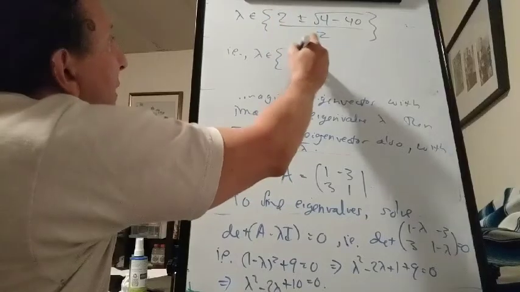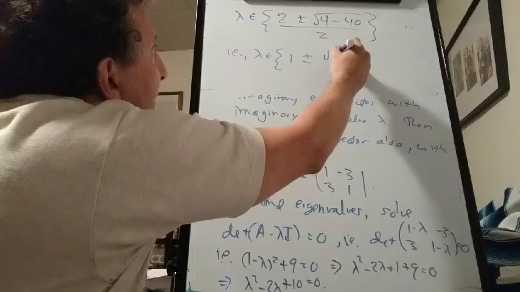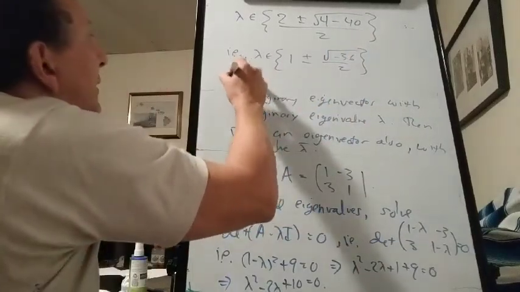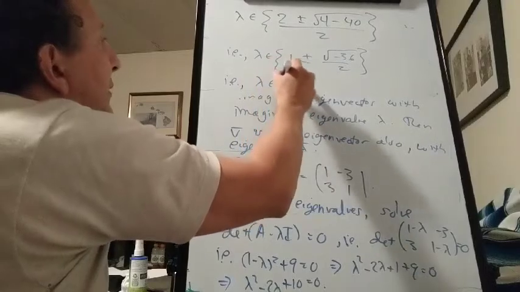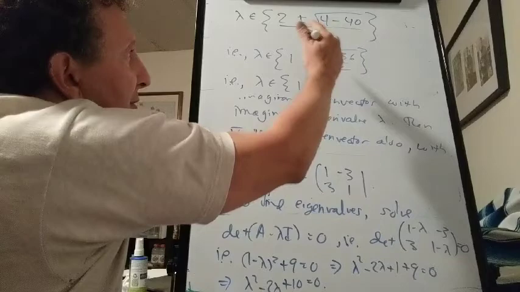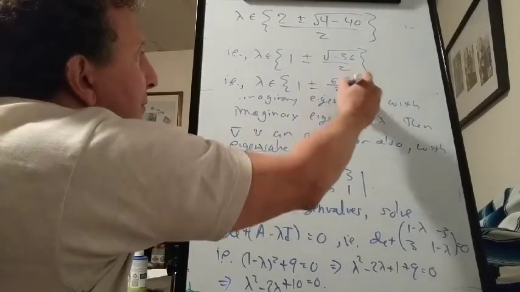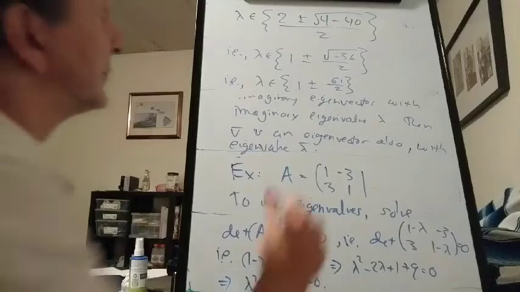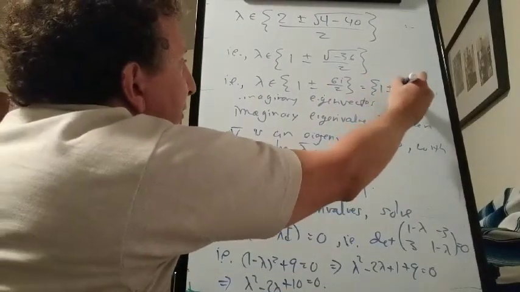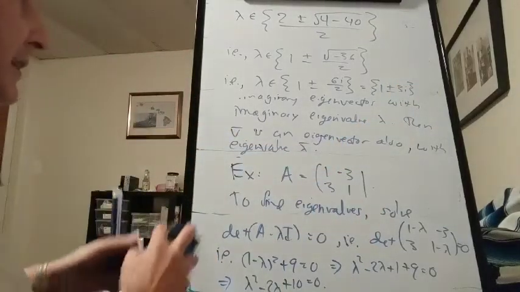So we've got 1 plus or minus square root of -36 over 2. That is, lambda is one of the numbers 1 plus or minus, square root of 36 is 6, so we've got 6i over 2, which is 3i. 1 plus or minus 3i. So two imaginary eigenvalues.